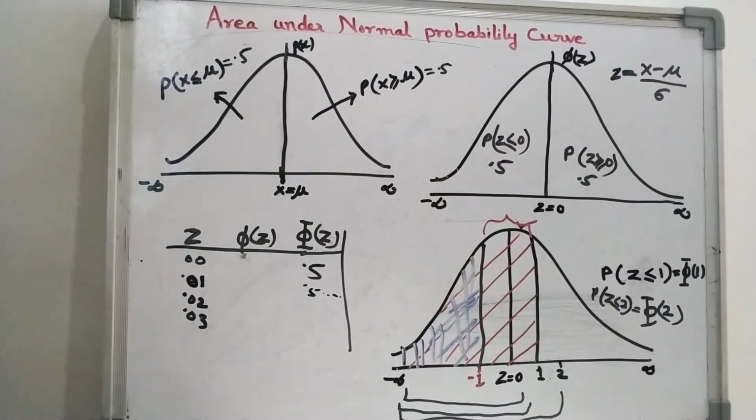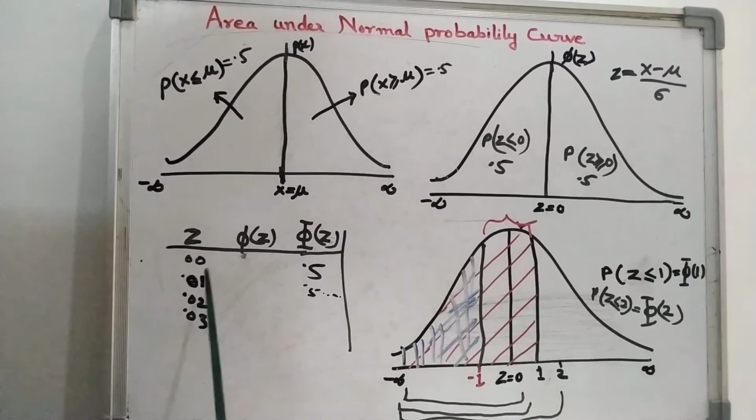Again I am repeating. Suppose the area from minus infinity to 1 is given and we are asked to find the area from minus infinity to minus 1, but this area is not given in the table, because all the values are given from minus infinity to a positive value, in intervals like 0.00, 0.01, 0.02 up to 1, 2, up to 3, the maximum value being 3.